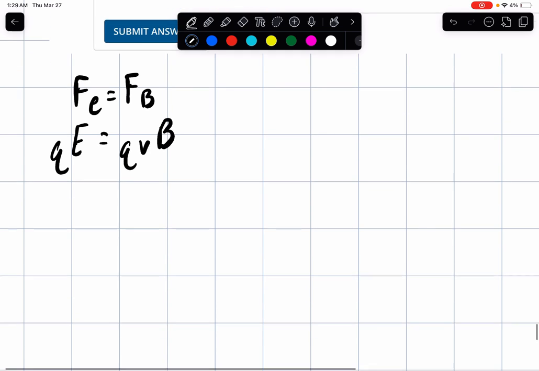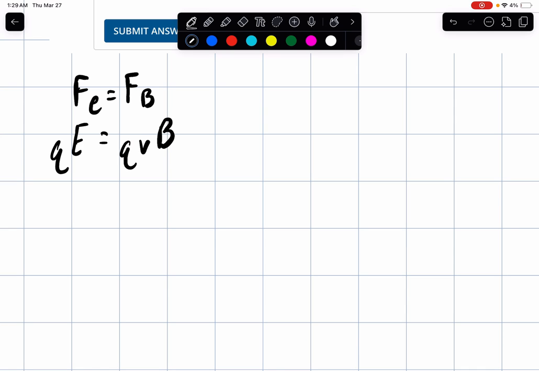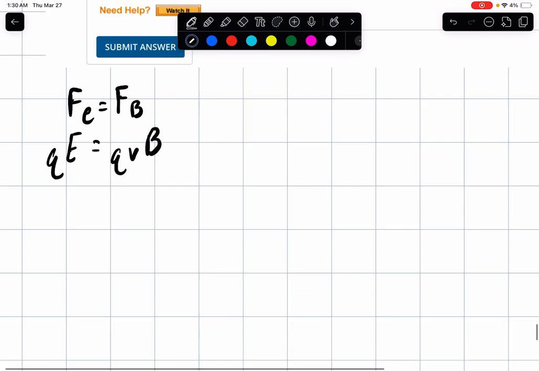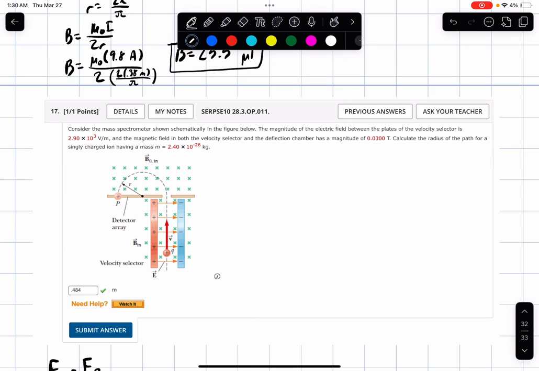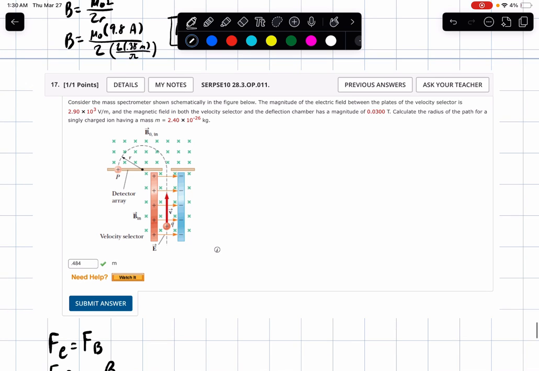So now what you want to do is solve for velocity, because in the problem it says that the charge, if you see here, is going to go through the mass spectrometer, and then it's going to curve there at the end in a circular motion.